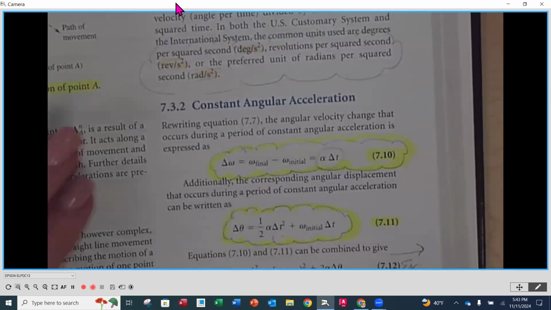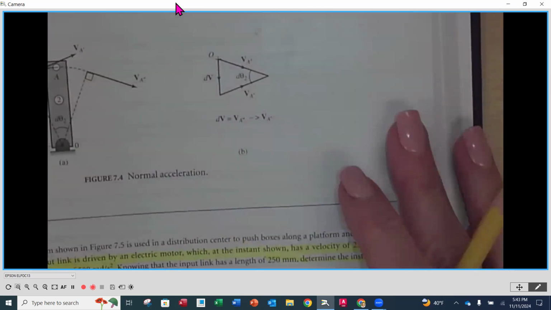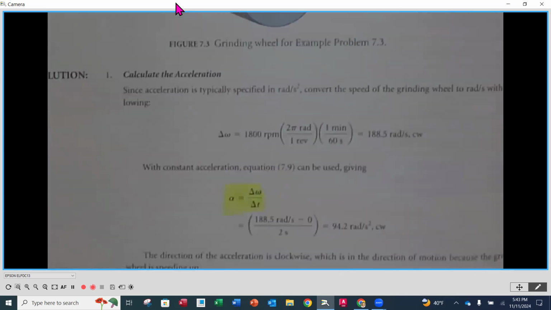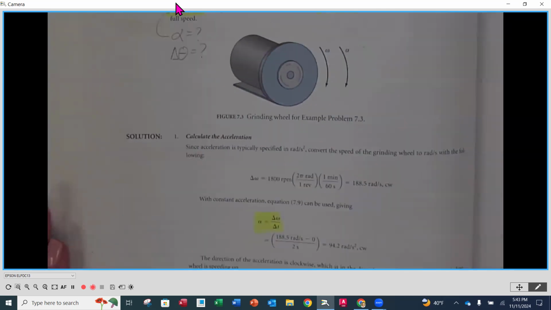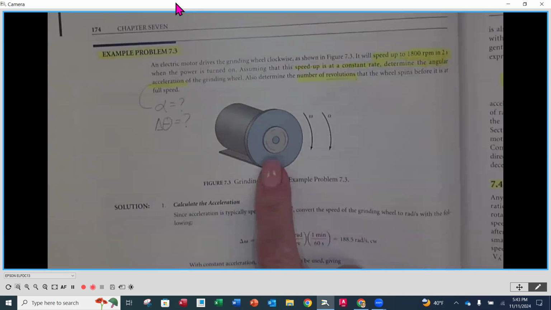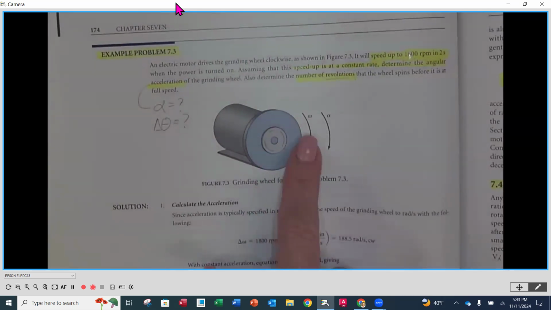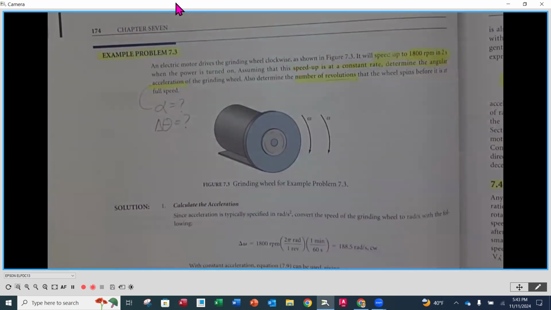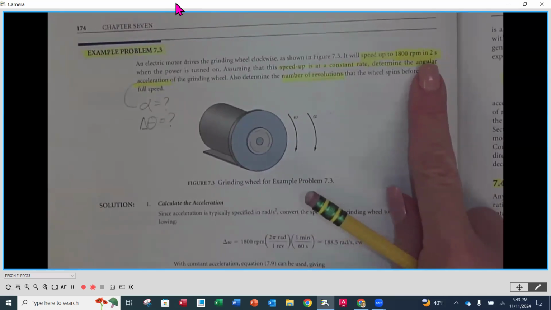Okay. Let's look at another example. Example 7.3 is at the top of the following page, 174. And we have an electric motor. It drives a grinding wheel right here, clockwise. So you're going to notice our W is going in a clockwise direction as shown. It will speed up to 1800 RPMs in 2 seconds.